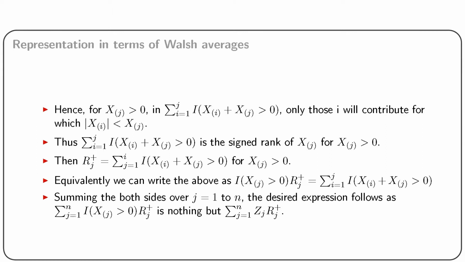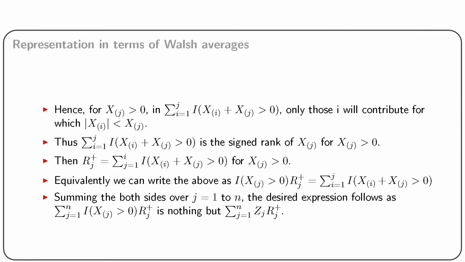Then, with the already introduced notation, rj plus is summation i from 1 to j indicator x ordered i plus x ordered j greater than 0, provided x ordered j is greater than 0. Equivalently, we can write the above as indicator x ordered j greater than 0 multiplied by rj plus equals summation i from 1 to j indicator x ordered i plus x ordered j greater than 0.